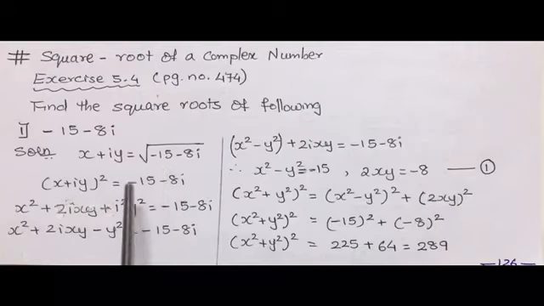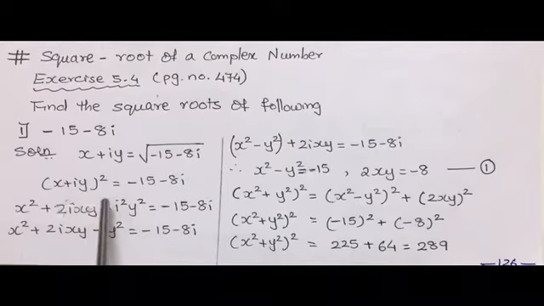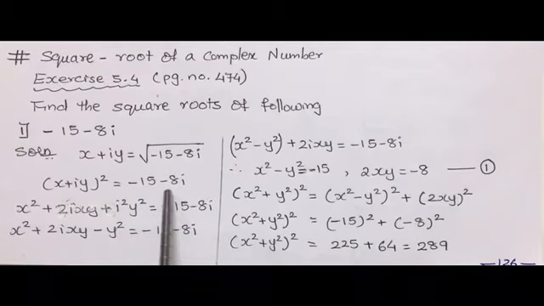Now equating both, if we remove this root from here, the other side becomes a square, so we get (x plus iy) whole square equal to minus 15 minus 8i.